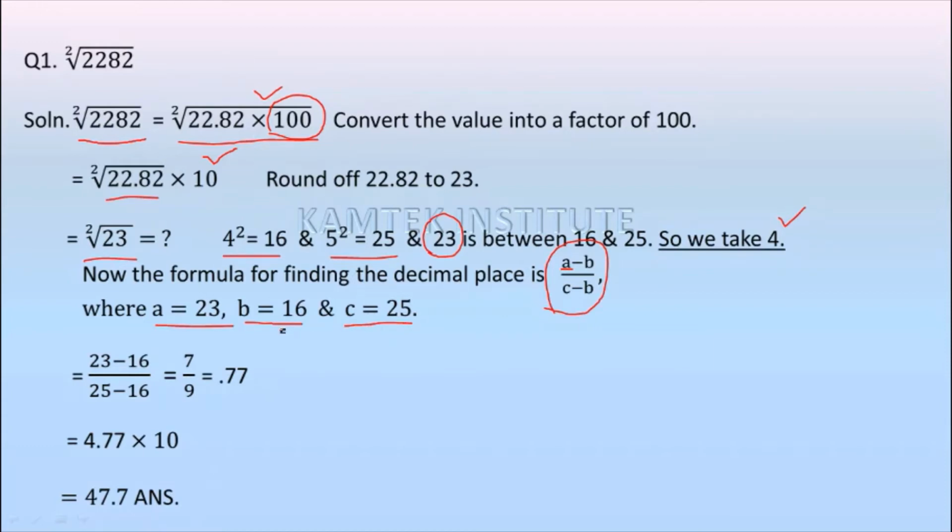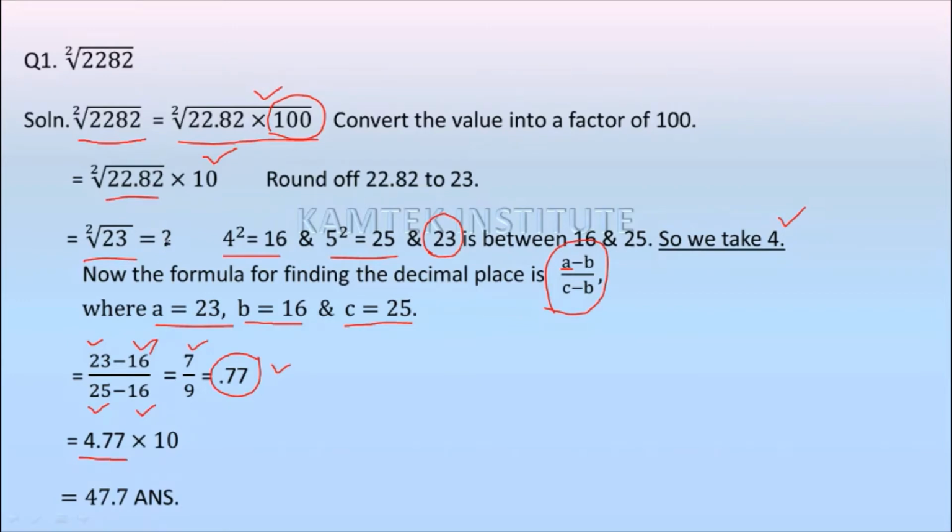Putting these numbers in the formula, we get 23 minus 16 upon 25 minus 16, whereby we get 7 upon 9, and 7 upon 9 becomes 0.77 when we divide it. So we got the whole number 4 and 0.77. When we add 4 plus 0.77, we get 4.77.